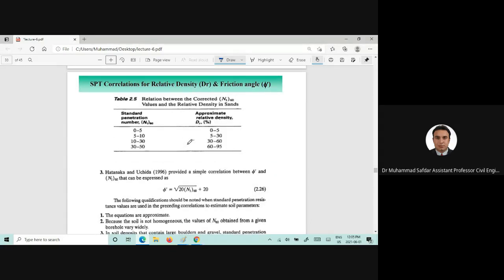Now, as I discussed earlier, you might be confused by the N value, N60 value, N160 value, N70 value. The reason is explained here: in the literature, you will see that the researchers have provided different correlations with soil properties.